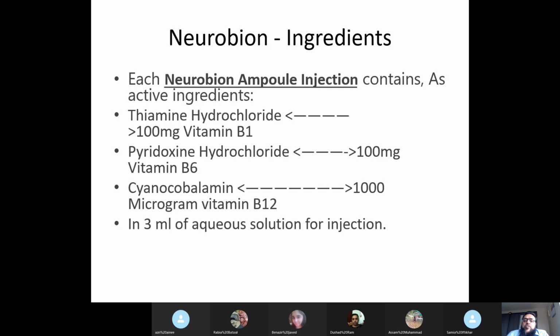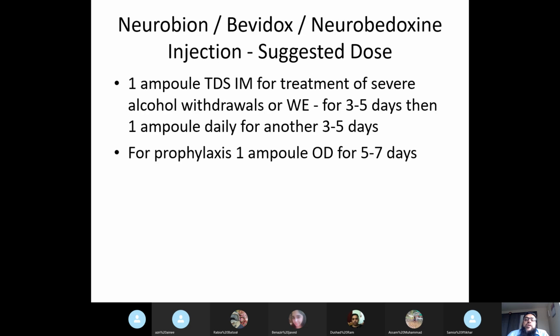Give a very small dose just to test for allergy if the patient has not received Neurobion in their life before. Then you can go ahead with 1 TDS for 3 to 5 days to cover the thiamine deficiency. So Neurobion, Bavidox, Neurobidoxin, 1 ampule TDS IM.